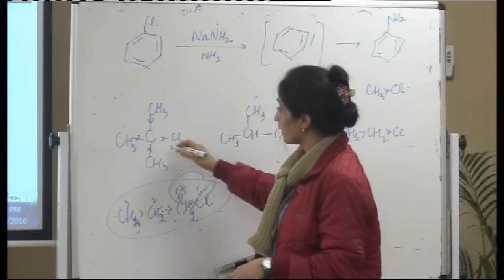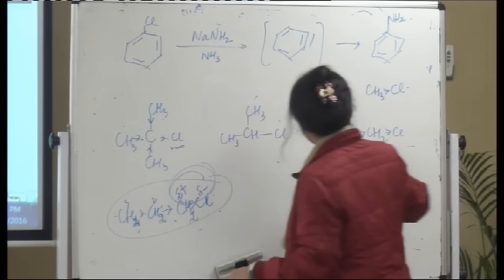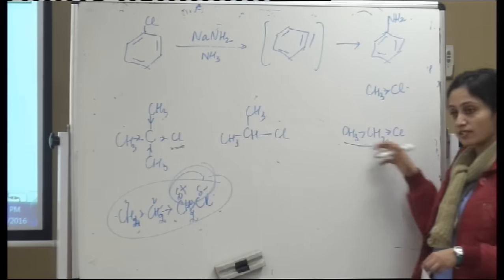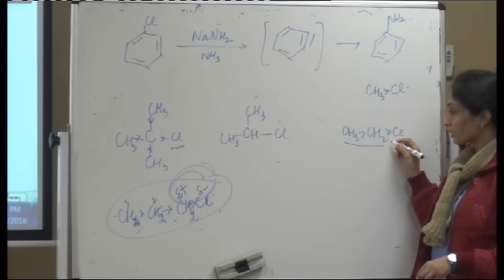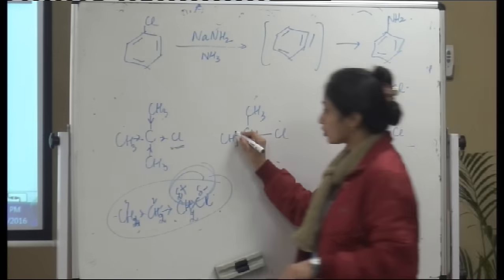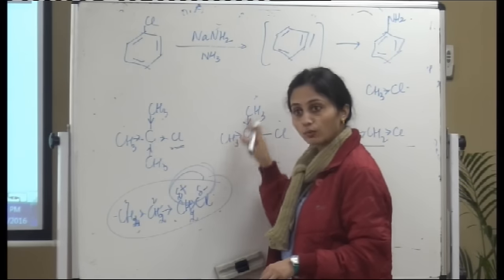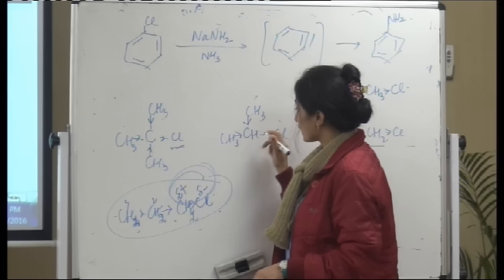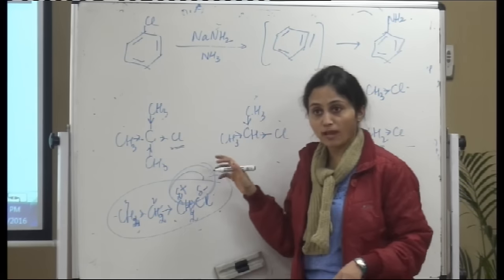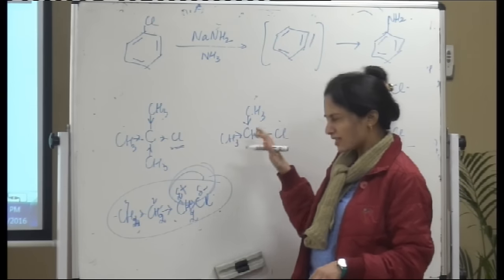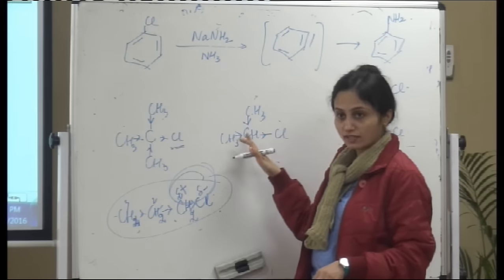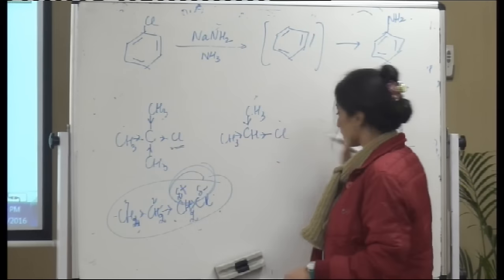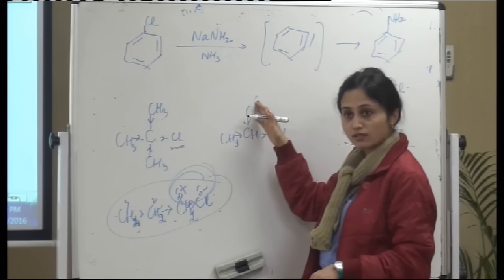So here when we talk about now the tertiary, here I have only one point of donation that is coming from one side. So the inductive effect will be lesser in comparison to here where I have two methyl groups. So when I have two methyl groups, the plus I inductive effect shown by the secondary carbon will be much more than the primary carbon because it has two carbons which are donating.